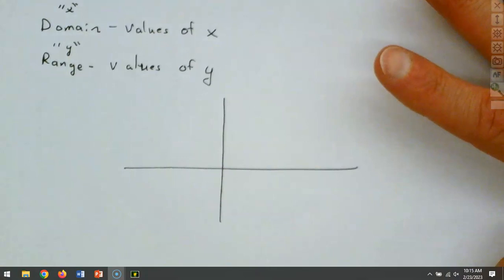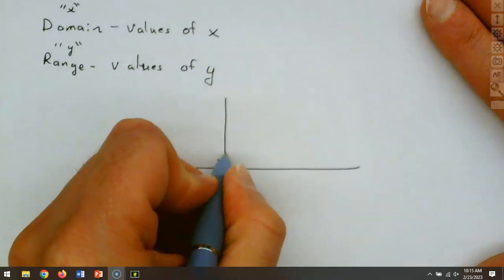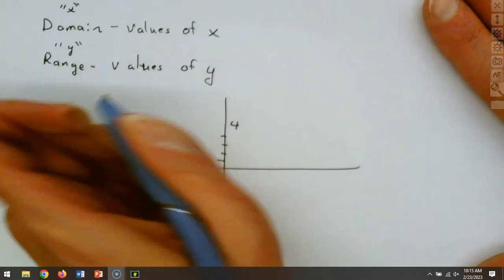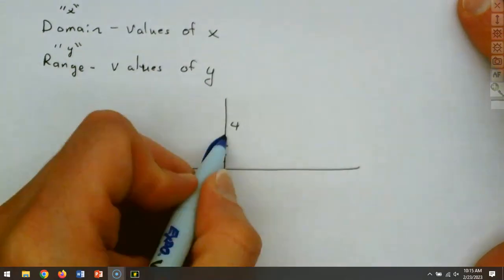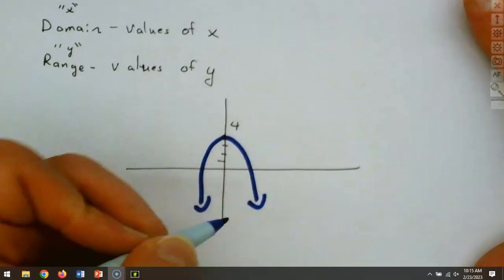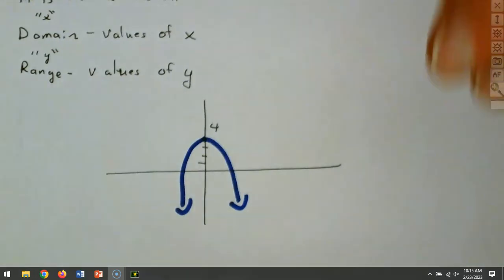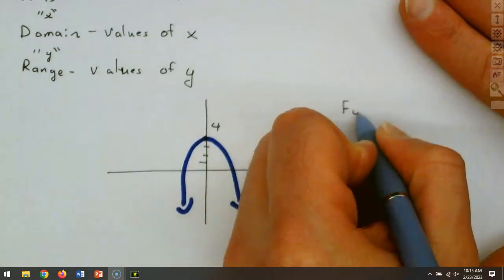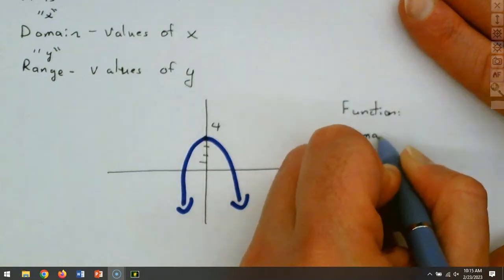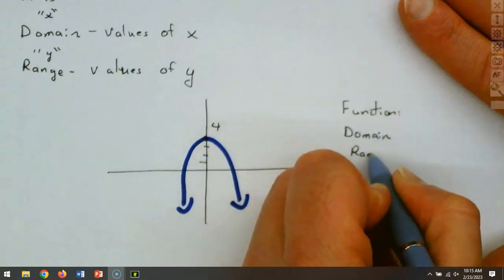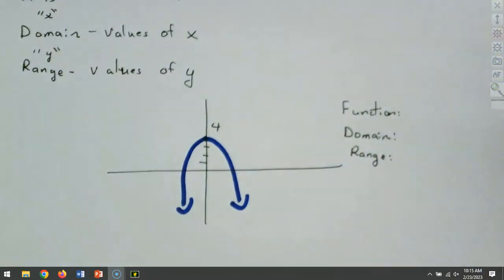So we'll start off with a parabola, a U-shaped curve, and we'll have this one going down. So here's our graph. Now, I want you to tell me if this graph is a function, yes or no, and also find the domain and the range. So, how do we determine if something's a function?